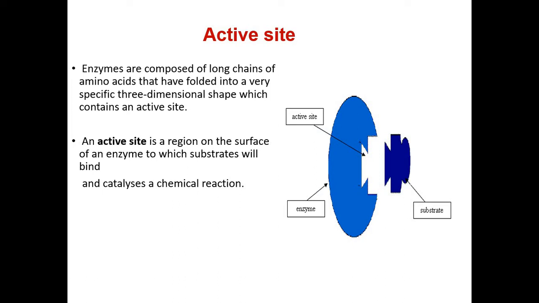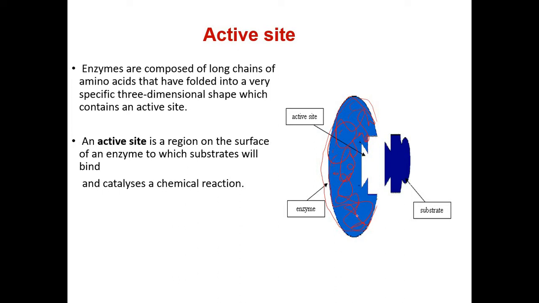So the property of an enzyme class is that it has a binding site. An active site, sorry. So an active site is a region on the surface of an enzyme to which substrates will bind. So if this is the structure of the enzyme, composed of polypeptides that are tertiary, so it folds. Okay, so it might be like this.